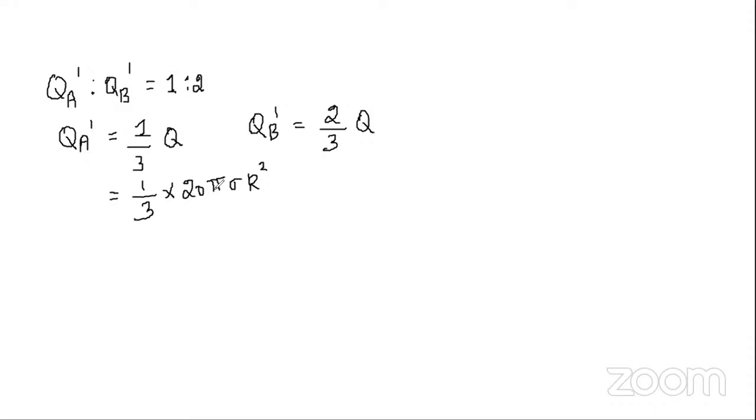The surface charge density initially on both the spheres, that I consider as sigma. So QA prime is 1 by 3 into 20 pi sigma r square, and QB prime will be 2 by 3 into 20 pi sigma r square.